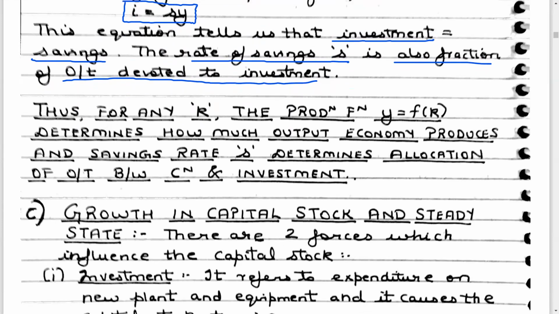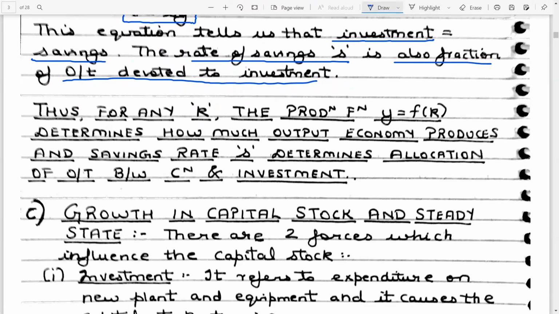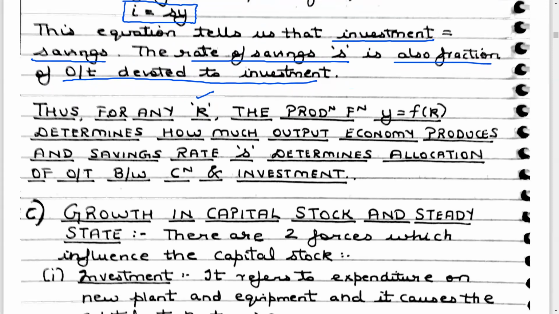Thus, for any capital stock per worker, the production function determines how much output the economy produces, and the savings rate s will determine how output produced is allocated between consumption and investment. This point is very important.